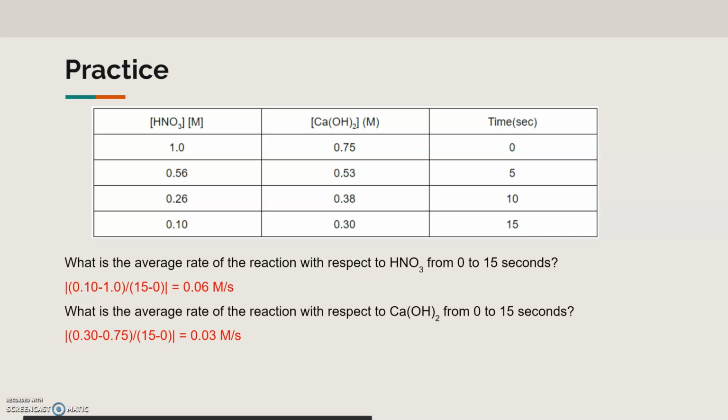Closing the parentheses and dividing that by the ending time, which was 15 seconds, minus the initial time, which was 0 seconds. We close the parentheses, add an absolute value sign, and place that in our calculator to obtain 0.03 molarity over seconds.